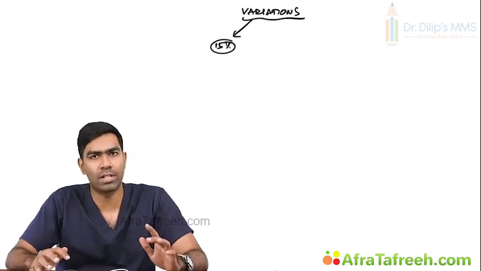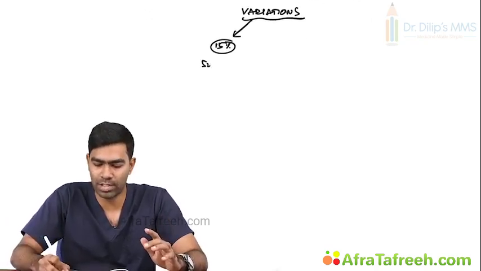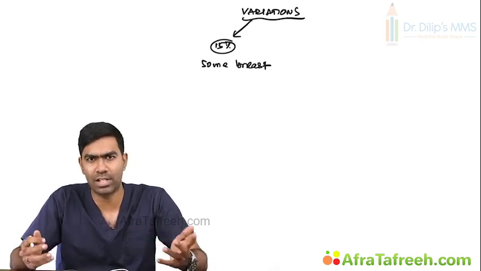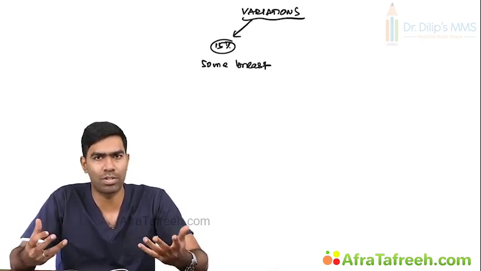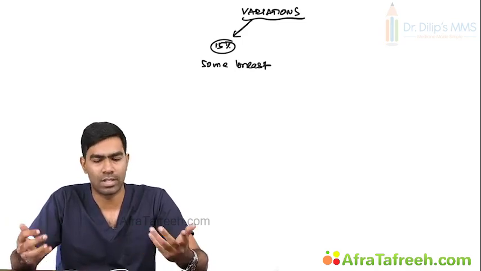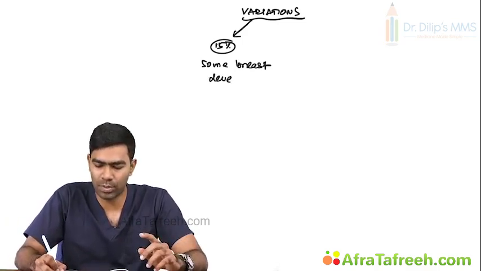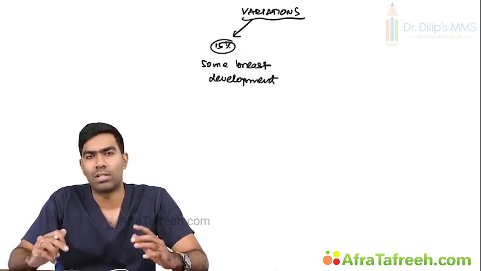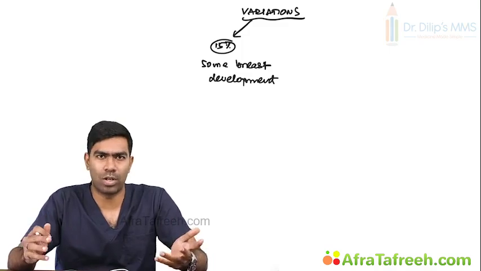But there are 15% of the individuals who may have some breast development. Some breast bud elevation may be there, which means there are some follicles which are still left during puberty, which might produce some estrogen resulting in some breast development. Some breast bud elevation is seen in some patients, like maybe at least Tanner stage 2 or 3 might be there.